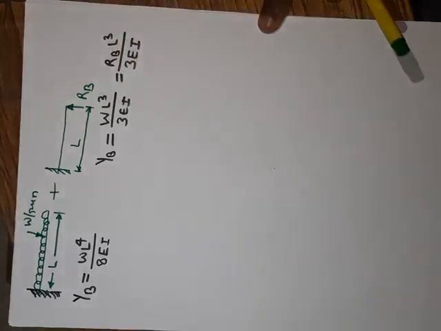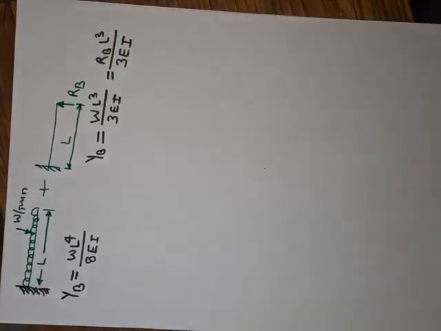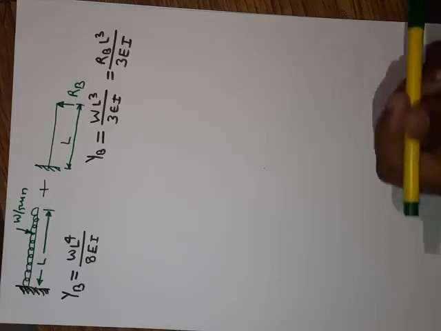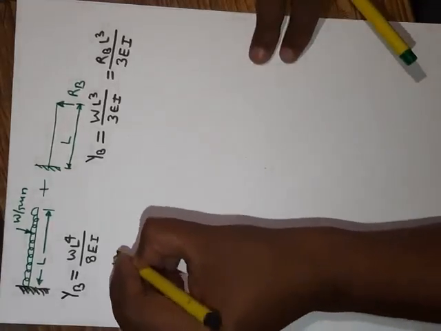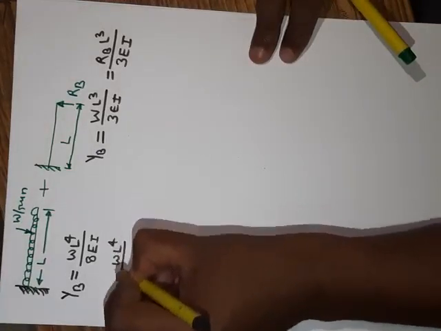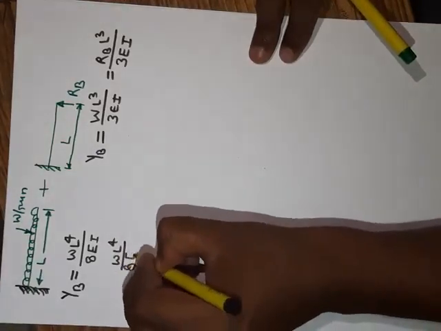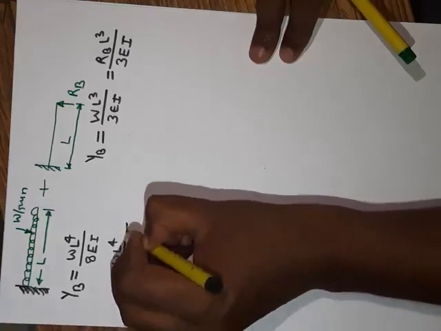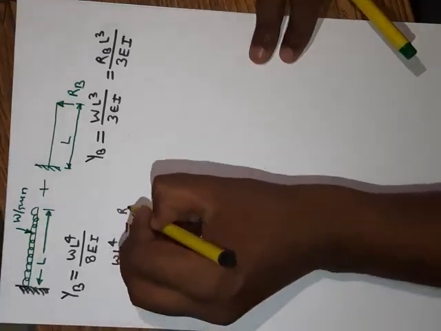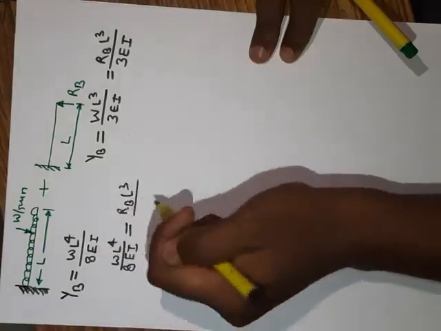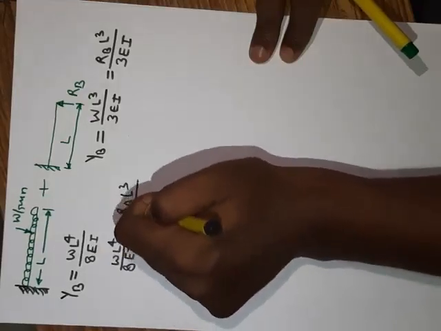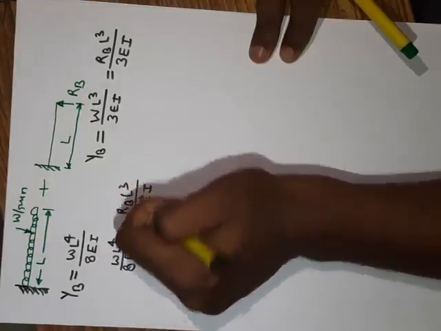Since the net deflection at point B is 0 because of the propped cantilever beam, equating both deflections, WL raised to the power 4 upon 8 EI equals RB L cube upon 3 EI.